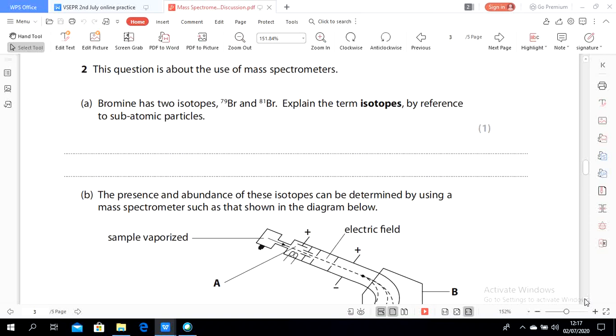Both bromine-79 and bromine-81 are called isotopes because they have the same number of protons, which is 35, and they have different numbers of neutrons. Bromine-79 has 44, and bromine-81 has 46 neutrons.